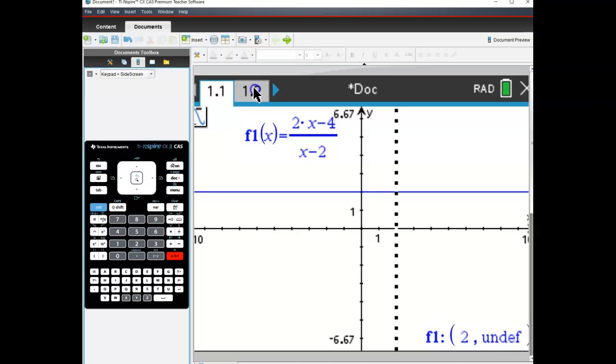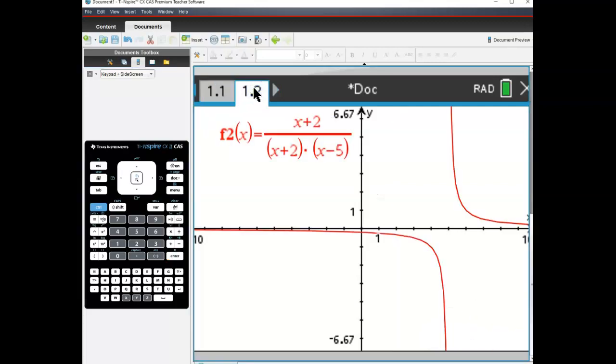And when I come over here and look at my other graph, I expected a vertical asymptote, not just over here at 5, I also expected one over here at negative 2, didn't we? But I don't have one at negative 2. There is one over there at 5. I can see that in the graph. But what in the heck is going on over here?